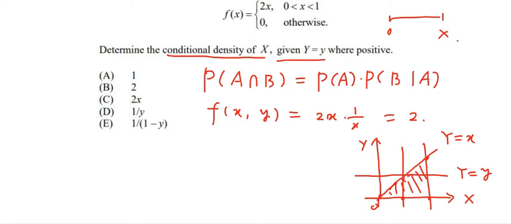So the density function of y equals the integral of the joint density function, which is 2, right, dx, where the range for x is from y to 1.